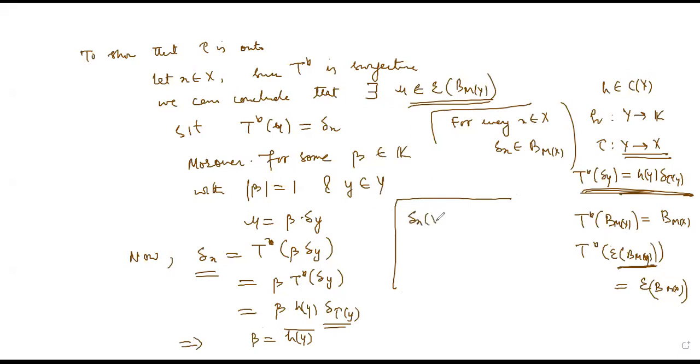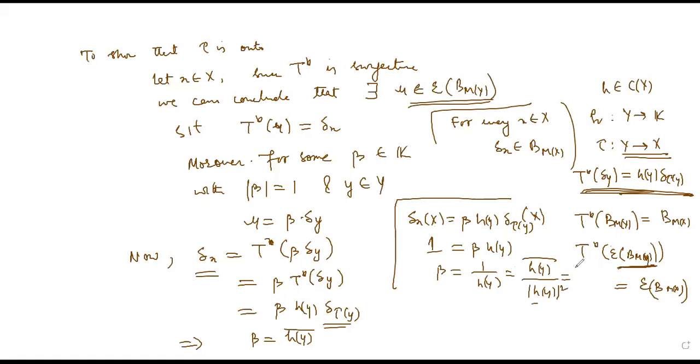So del x at x होगा, फिर अगर ऐसा है, ये तो as functions they are same, so you should get del tau y of जिस पर भी act करेगा of course x. सो क्योंकि ये 1 है, ये भी 1 है, so it is beta into h of y. So beta would be equal to 1 by h of y, which is equal to h of y bar divided by mod of h y square, because they are numbers. ये 1 है, so it is equal to h y bar. ठीक है ना?